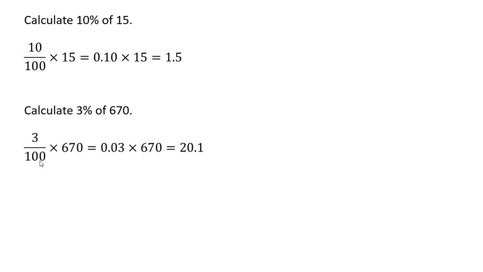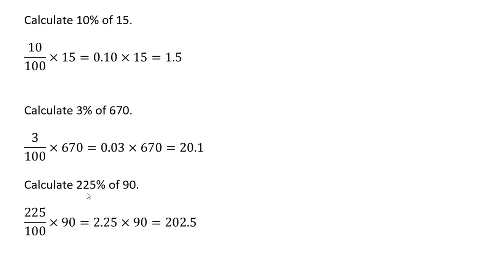So 3 parts per 100. 0.03 times 670 is 20.1. Calculate 225% of 90. So 225 parts per 100 times 90, which simplifies to 2.25 times 90, or 202.5. 202.5 represents 225% of 90.